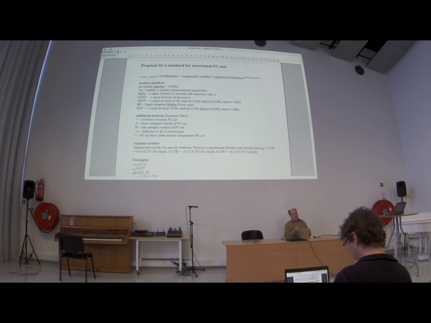We have, of course, this one problem in Forte's table. It is not 100% compatible with classical music theory. If we have a dominant 7th chord, it is, what was it, 4-26 or whatever. Then this is the widest form, and the most compact form is that.